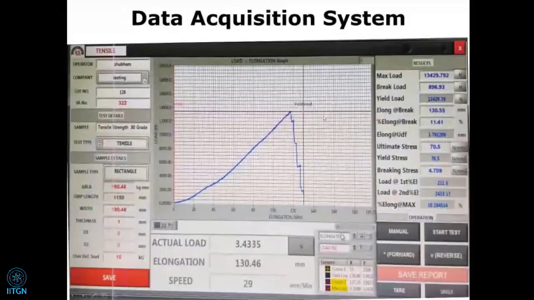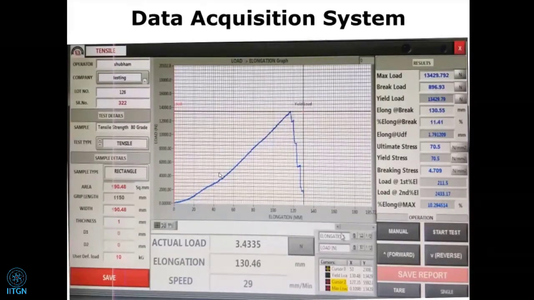Like in the CBR test, when we have to apply an initial seating pressure, we put a tangent on the straight portion. So when it comes to the straight portion, at this point, taking a point on the y-axis, that is the load. So this load is the slacking load.